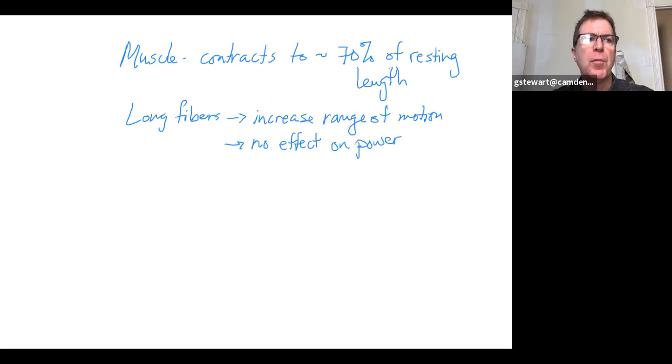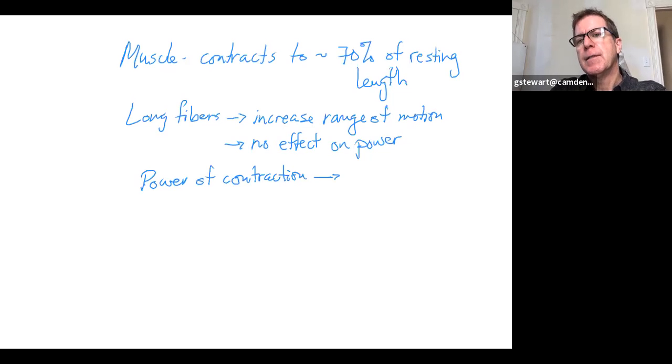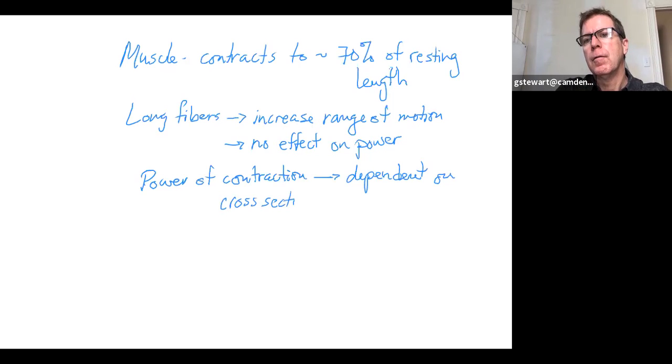The power of a muscle contraction depends on the total cross-sectional area. I'll describe that after I write this. Power of contraction is dependent not on length of fibers or even the length of the muscle. It's dependent on the cross-sectional area of the muscle.